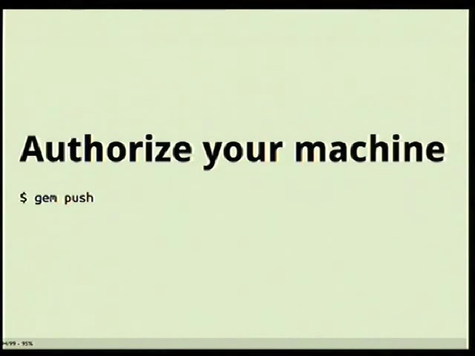Once you've done that, you're going to want to get your machine authorized. So the easiest way to do this, I thought, was just to do gem push. You can just do this from your home directory or whatever. It'll give you an error, but you'll still authorize your machine. You'll still get what you want. So you just enter your email and your password, and it talks to RubyGems, and it saves it somewhere special.